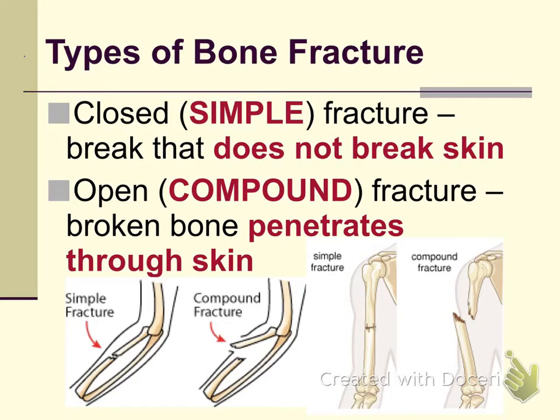One is called a closed or simple fracture, which means that the bone stays inside the skin, doesn't break through the skin. And then an open or a compound fracture where the bone is sticking out of the skin. Obviously, the compound fracture is more severe. There could be dangers of infection, and it's definitely a lot harder to treat and heal than a simple fracture.